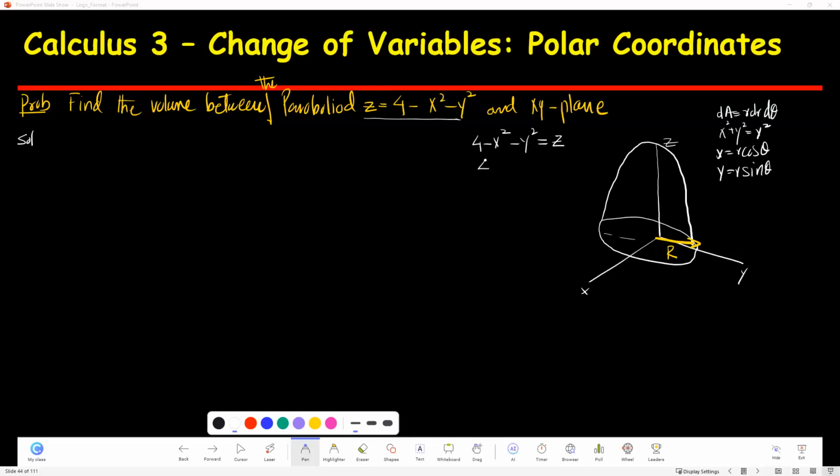So I'm going to say that 4 minus x squared plus y squared equals to 0, and I can write it like this, and I can also write it like this. When I take this, remove this square, it's going to be r equals to plus minus 2. R cannot be negative, only positive is possible. So I'm going to ignore this one and only take this one. I'm going to ignore the minus sign because radius cannot be negative.